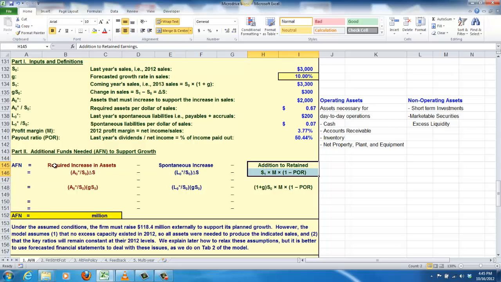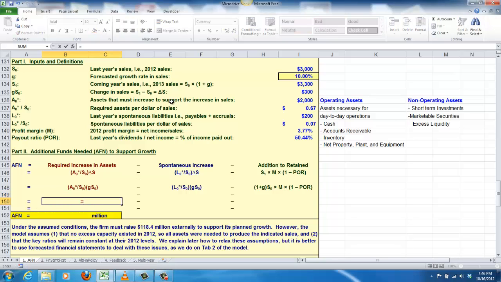After that, what's left over are additional funds needed, and these are the dollars that we have to go out and get from investors. So what I'm going to do is calculate these numbers here, which stands for the required increase in assets, which is equal to the required assets per dollar of sales multiplied by our increase in the dollar amount of sales, which is our change in sales right here, ΔS.